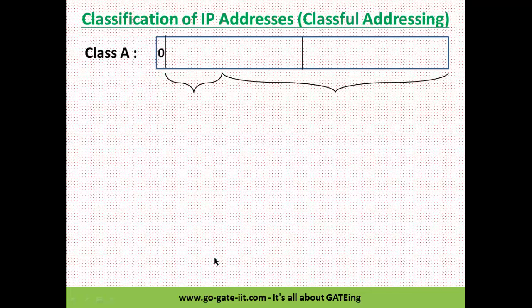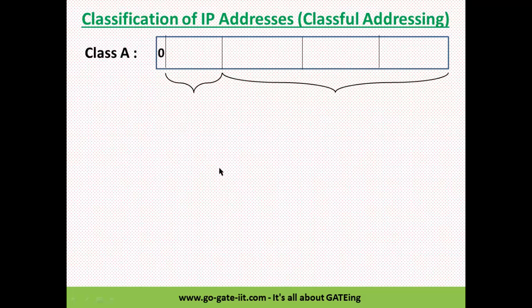IPv4 was not able to cope with the requirement of IP addresses assigned to computers, and that's how IPv6 came into the picture. IPv4 addresses are of 32 bits, whereas in IPv6 these are of 128 bits. We'll concentrate on IPv4 here.